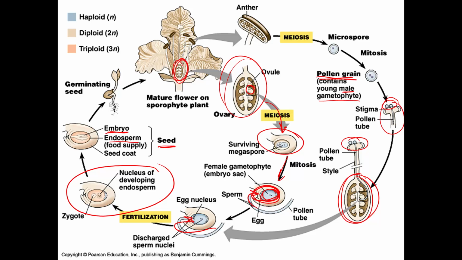It's just the food supply for the embryo. And then the seed coat is eventually going to just form the seed, right? So like a sunflower seed, the part that you chew and then spit out is the seed coat. Obviously right here it's not fully developed yet, but that's the seed coat. And then the seed that you actually eat is the embryo, right? That sperm and egg that fertilized.